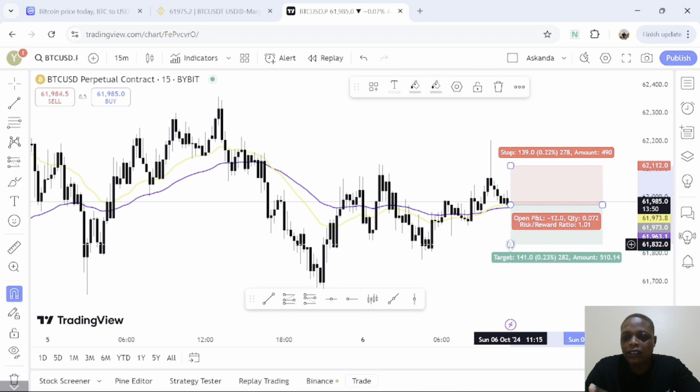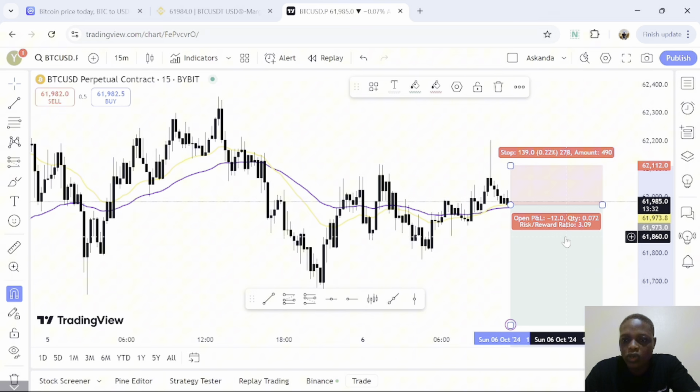We are risking 1:3. So that's how trading should be. Like when you risk $100, you should be able to make $300 back. Do you get it? So now our strategy is telling us we should sell Bitcoin right now, and we are risking, let's say, $50 of the capital to make $150 back.